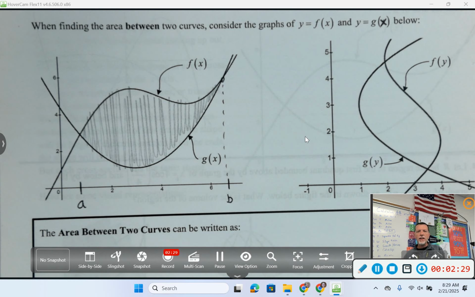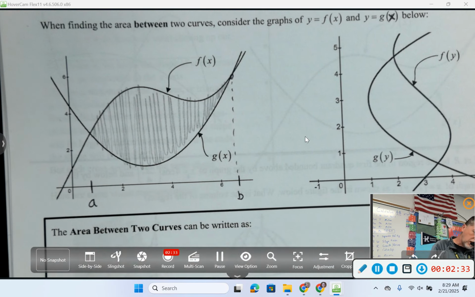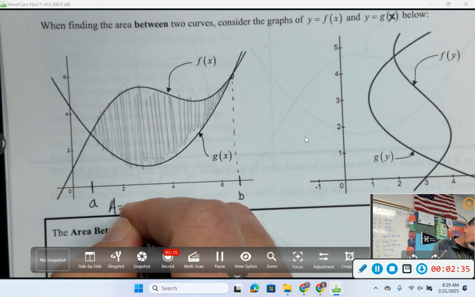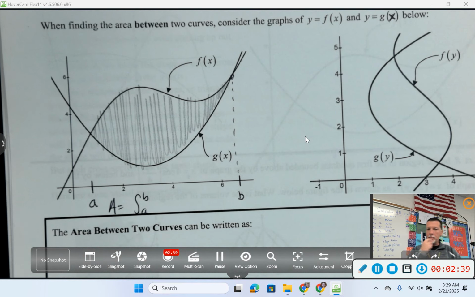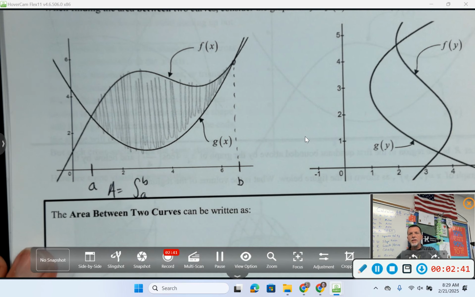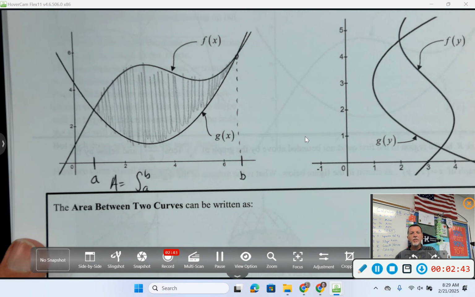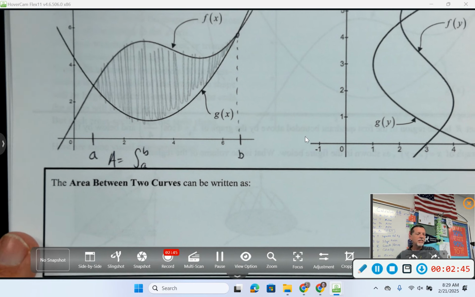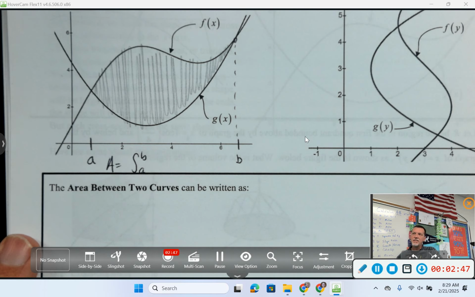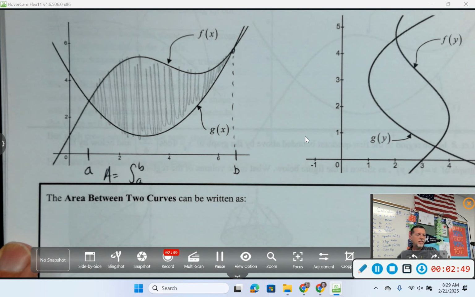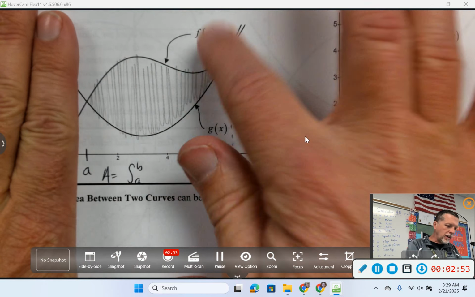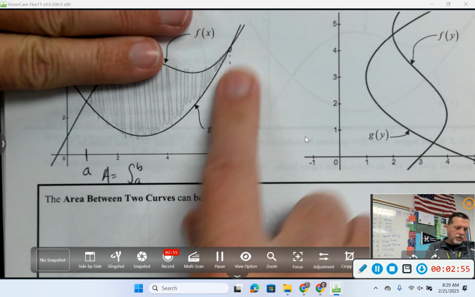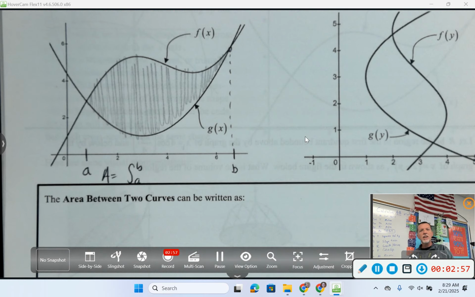And so that area, not much space to put it here. Let's do it right here. Area, still an integral from A to B. Any thoughts on what the integrand is? That's the fancy word for what we're taking the antiderivative of. f of x would get me the whole area under f. g of x would get me the area under g.